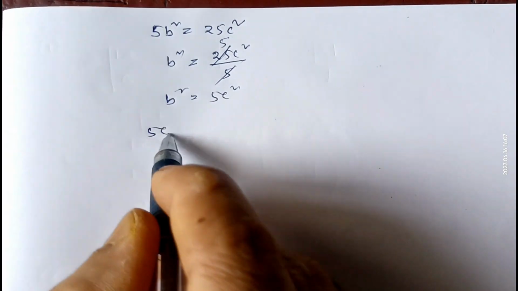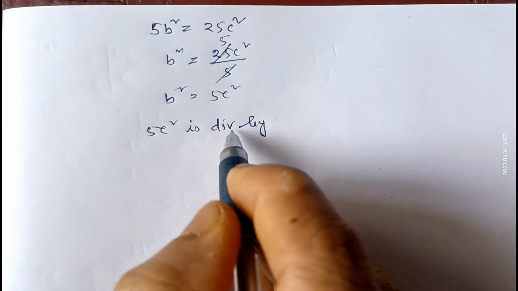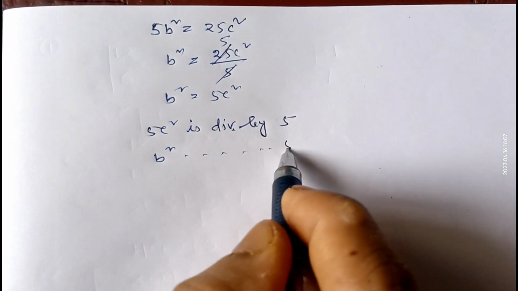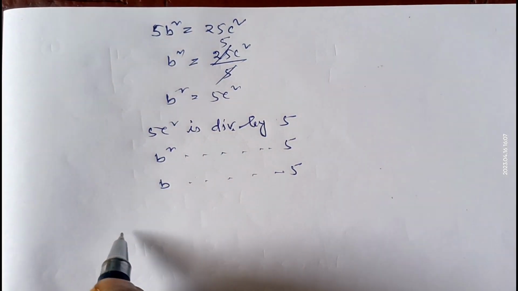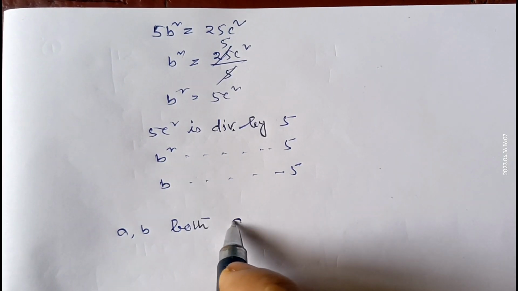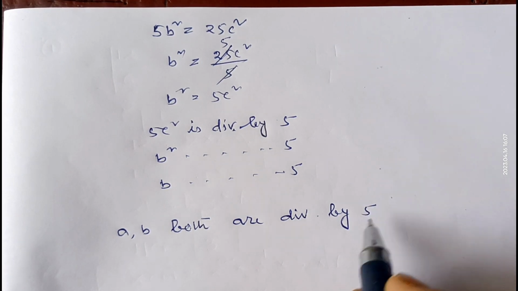Now 5c square is divisible by 5. That means b square is also divisible by 5. So b is also divisible by 5. That means a and b both are divisible by 5.